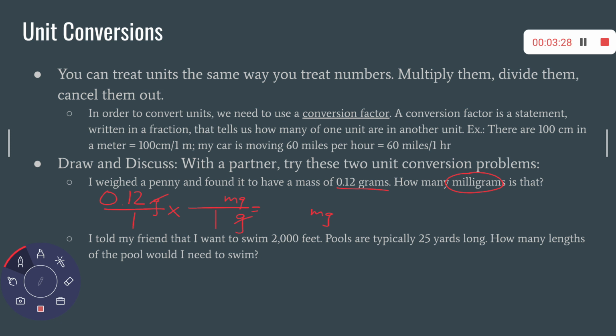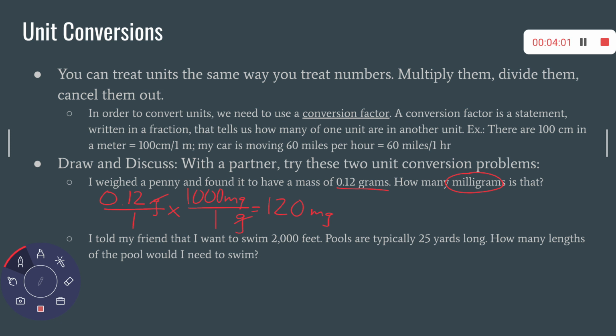Now I just ask myself, how many milligrams fit into 1 gram? I know the milli prefix means 1,000. So there are 1,000 milligrams in 1 gram. Now my conversion factor is set up, my units are set up, and I can just do this math in my calculator. I will take 0.12 times 1,000, and that's going to give me 120 milligrams.